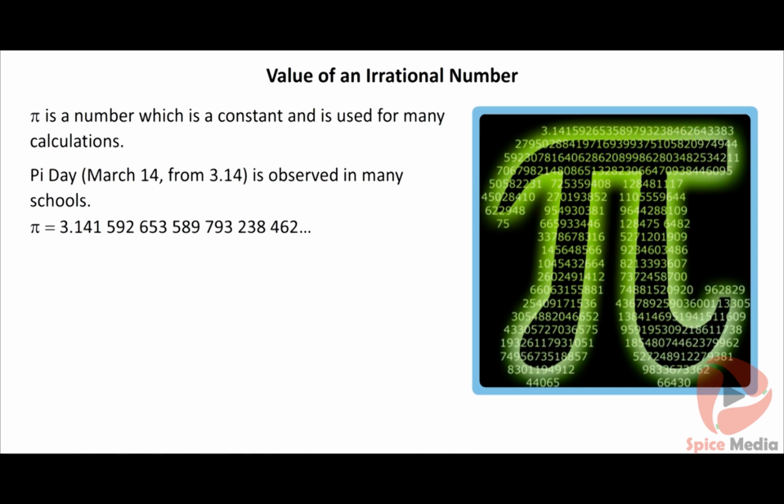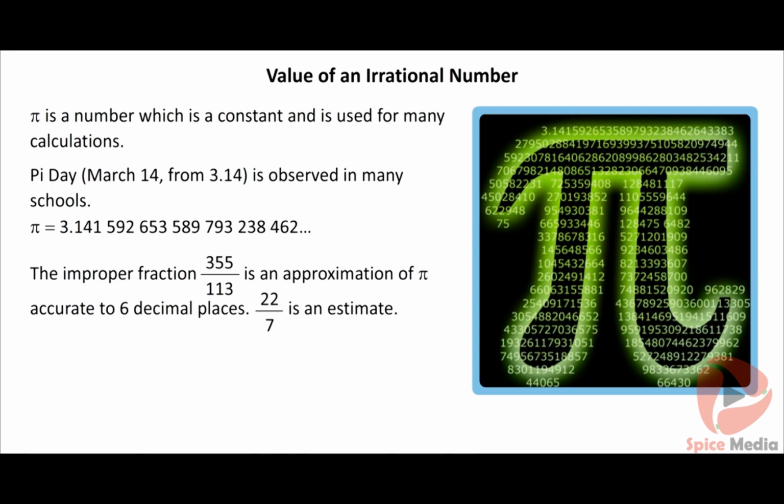Pi is equal to 3.141592653589238 and so on. The improper fraction 355 by 113 is an approximation of pi accurate to 6 decimal places. 22 by 7 is an estimate.